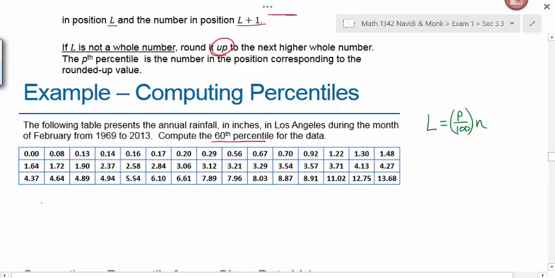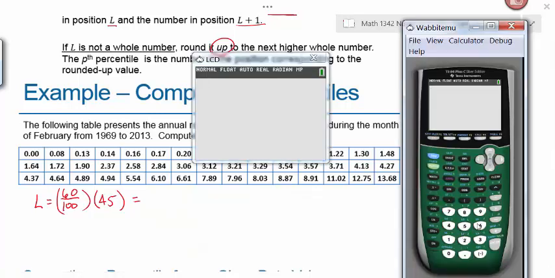So P will be what? 60 divided by 100 times, and then we said we had how many pieces of data here? 45. Now we go to our calculator and we type in 60 divided by 100, or 0.6, times 45, and that gives us 27.